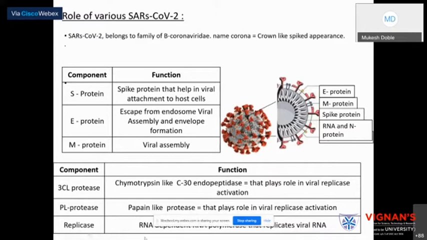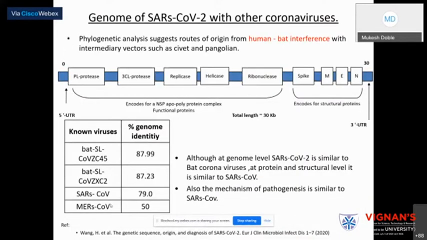The 3CL protease, PL protease, and replicase are protease-type proteins. Some of them are chymotrypsin type, some are papain-like, and some are RNA polymerase type. Like I said, if you look at genome identity, this coronavirus is much closer to the bat genomes, 87%, and only 79% with SARS-CoV and only 49% with MERS.